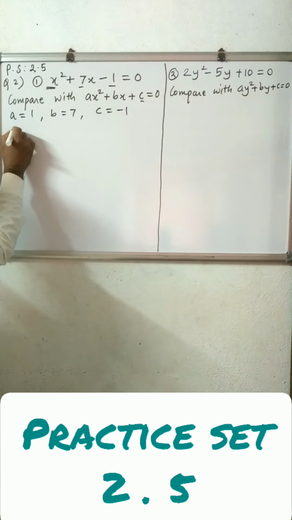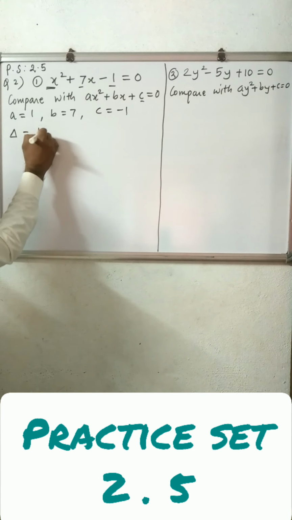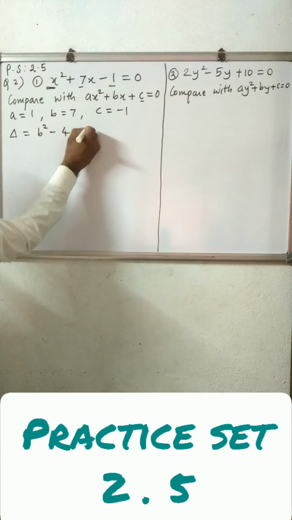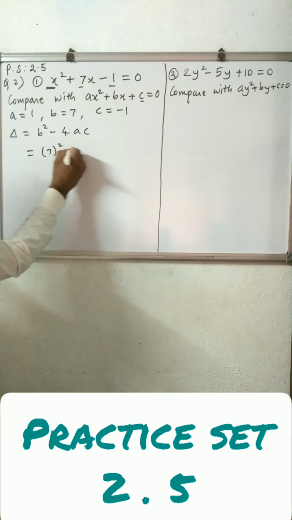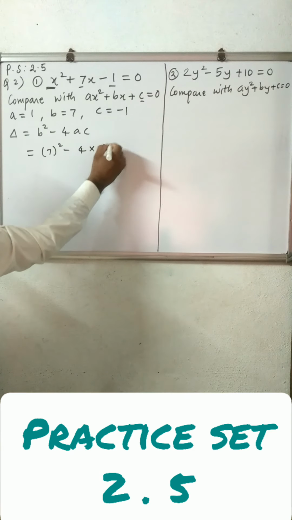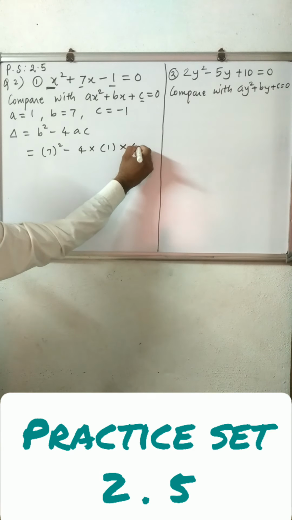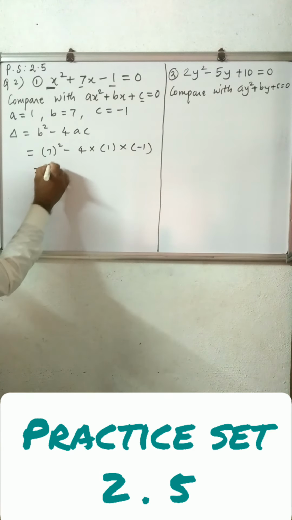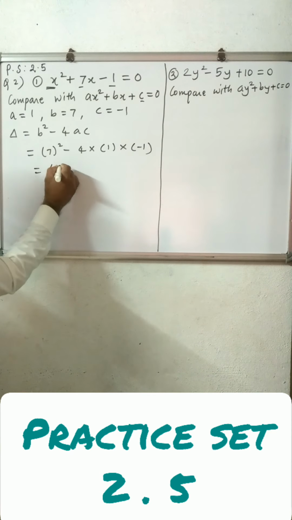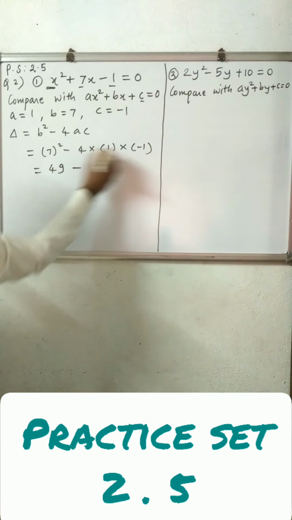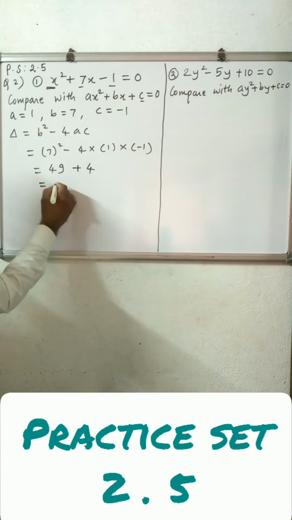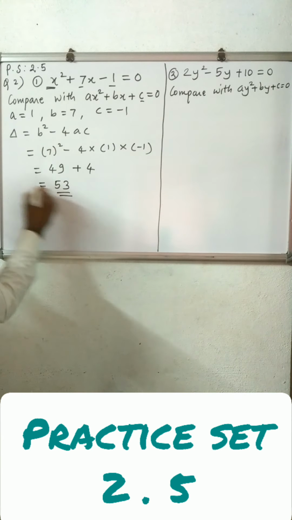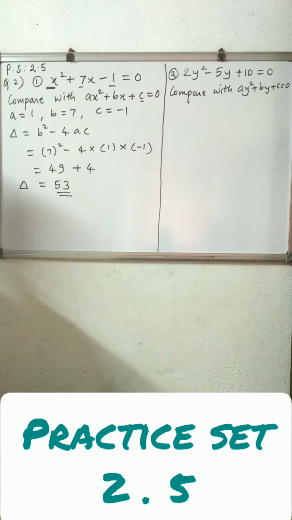So discriminant delta is equal to b square minus 4ac, which is equal to 7 square minus 4 into 1 into minus 1, that is 49, minus into minus plus, 4 ones are 4, which is equal to 53. So value of discriminant delta is 53.